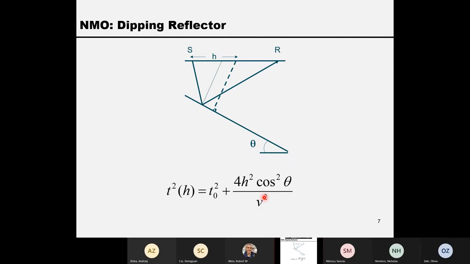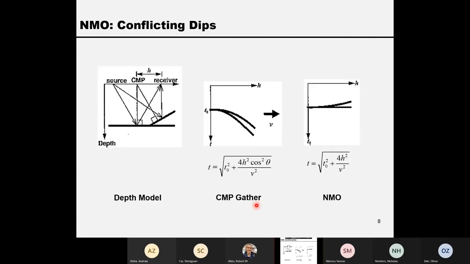It's over migrated, right? Because this value here is smaller. That will be over migrated. That was one problem, the dipping. NMO didn't consider the dipping angle.